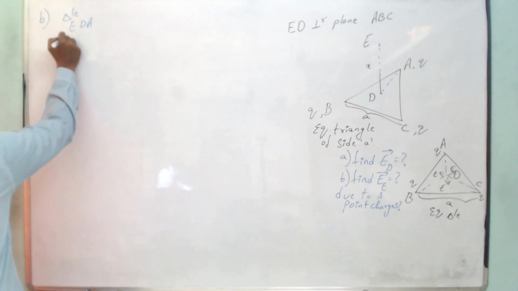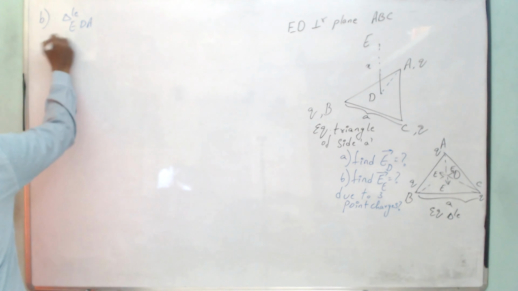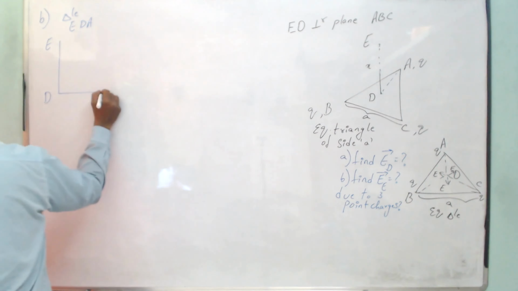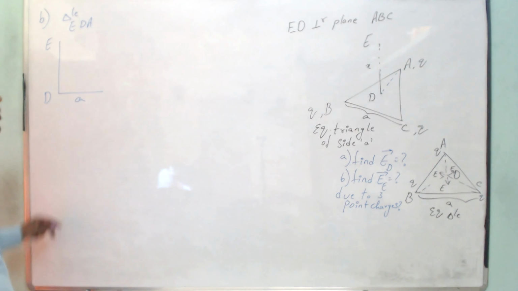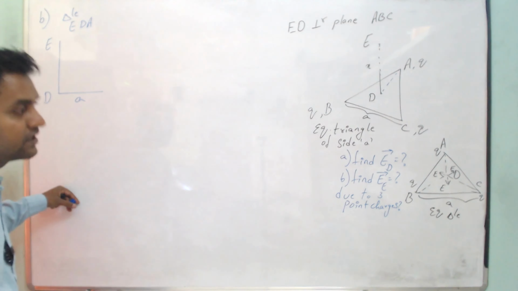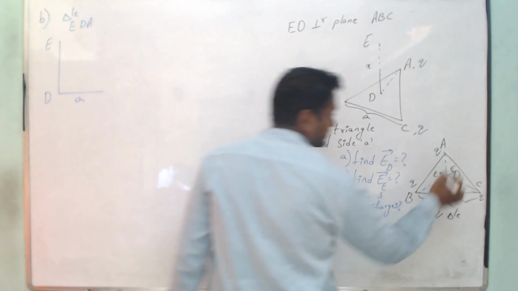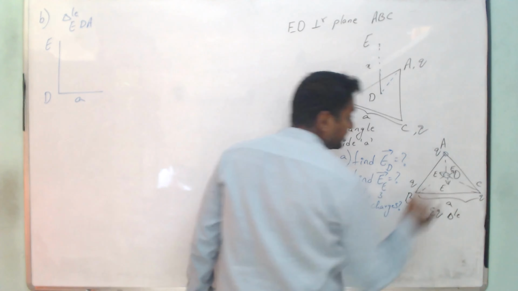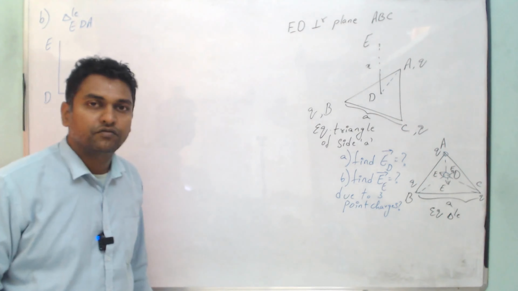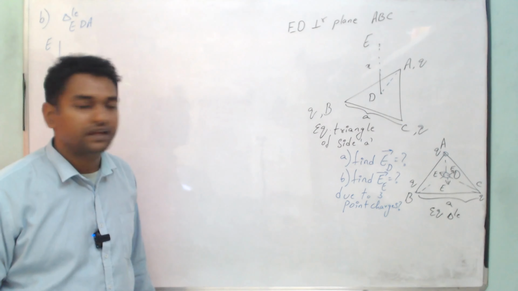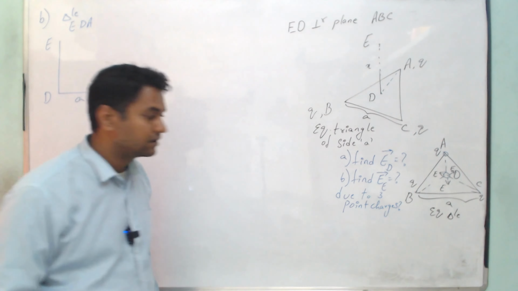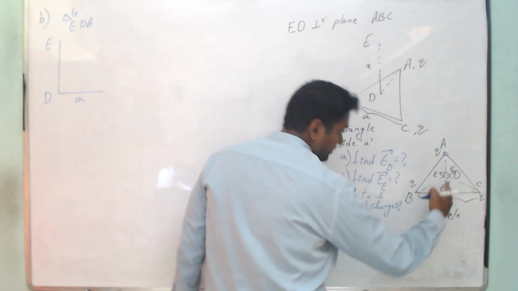So basically, my E is here, D is here, and this is my A. We have to find the distance between A and D, and the distance between A and E. You have an equilateral triangle.